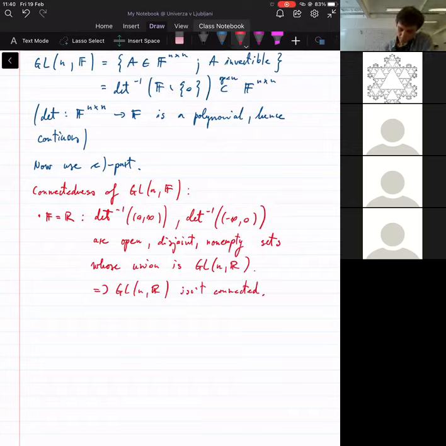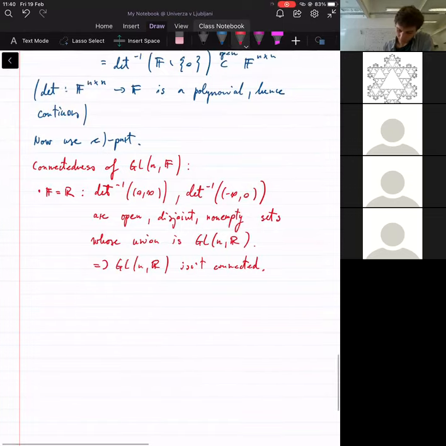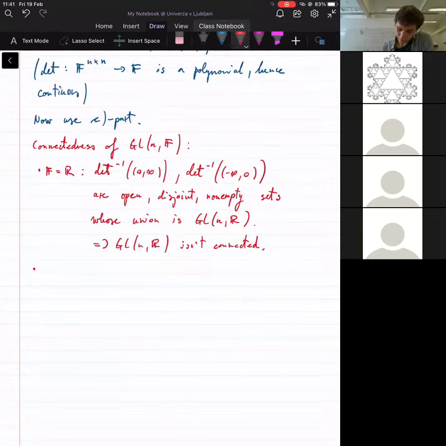Okay, well, how about F equals C? It is connected. Yes. So GL_n(C) is connected.